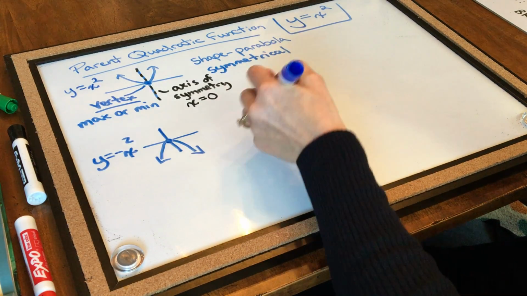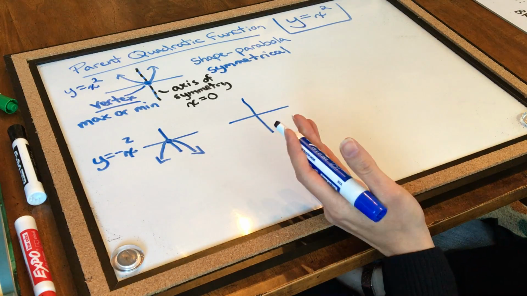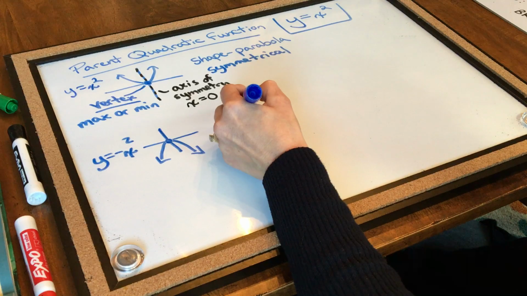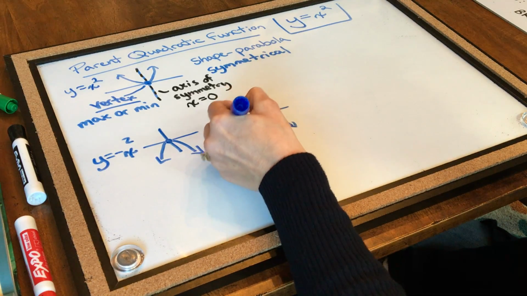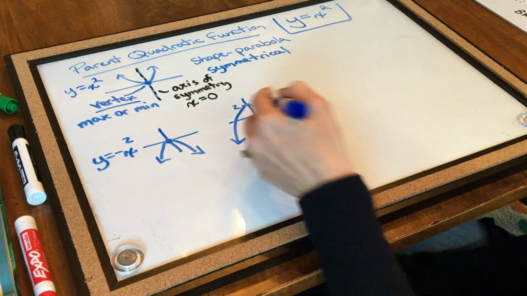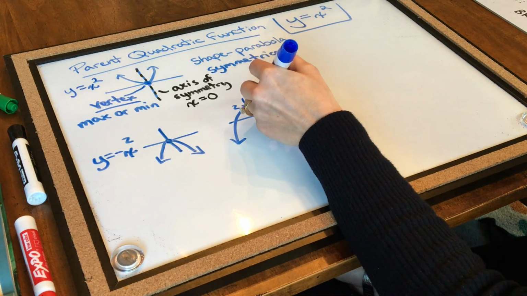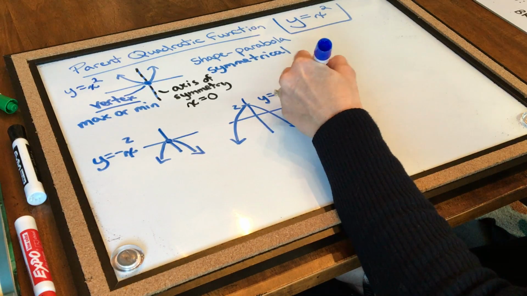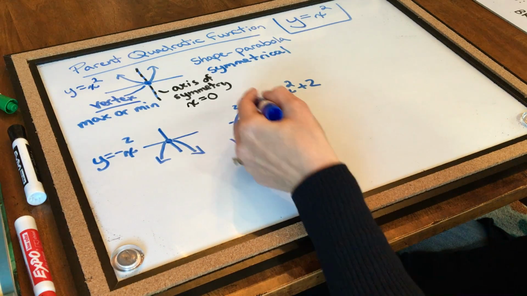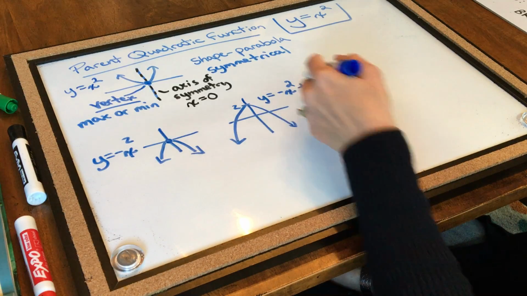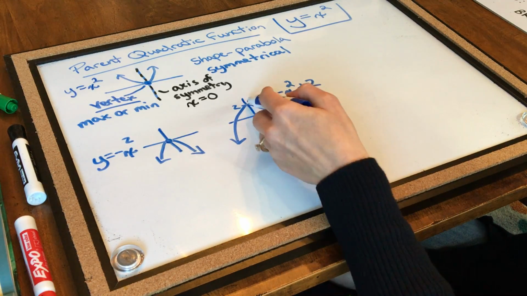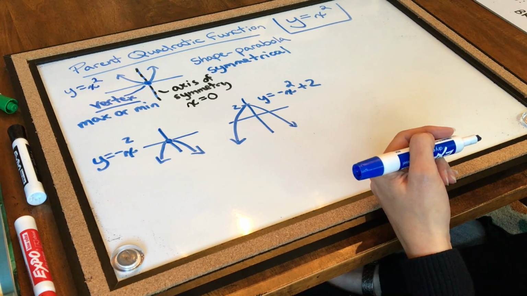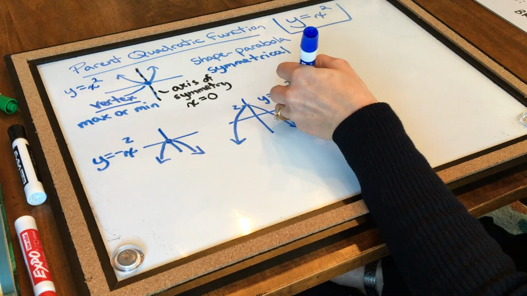What are some other things we can do to change our parabolas? Well, we can shift them up and down. Very much like we've shifted other functions before, let's say I want to shift my parabola up by 2. This would look like y equals negative x squared plus 2. It's negative because it's downward sloping in x squared, but it's plus 2, so we've shifted it up. This is an upward shift.